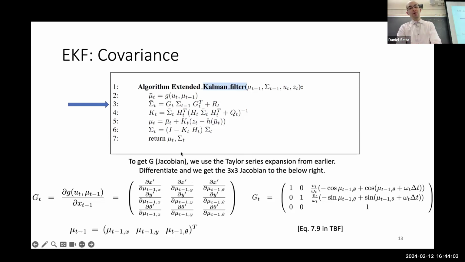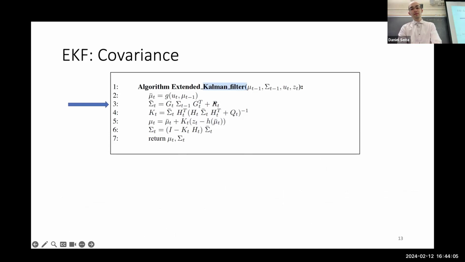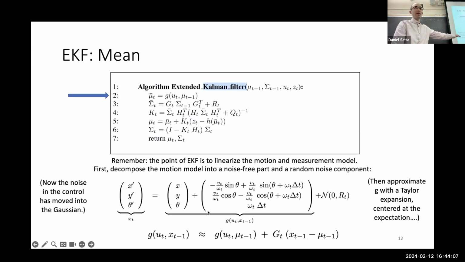That's this thing here. What we're doing here for the derivation is the book makes the split between the noiseless part and the noisy part. So I only showed how to do the noiseless part, and then we assume there's some noise here.